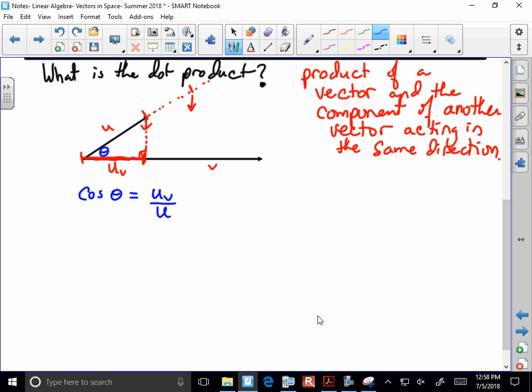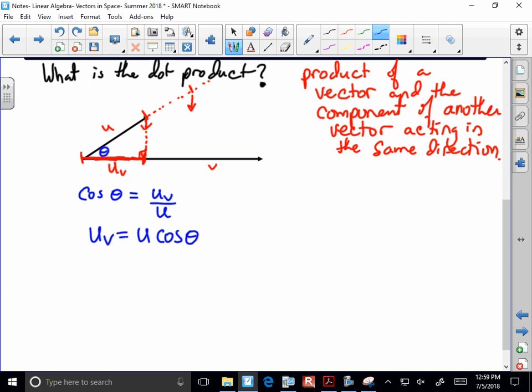I think that's a little overkill because we're not going to go too crazy with this stuff. It's more for theoretical. So if we just know that U sub V represents vector U in the direction of V, then that's good enough. So what that tells me is that U sub V would be equal to U times the cosine of theta.